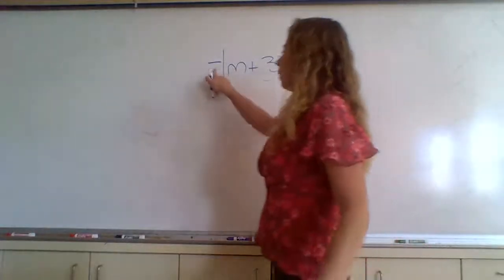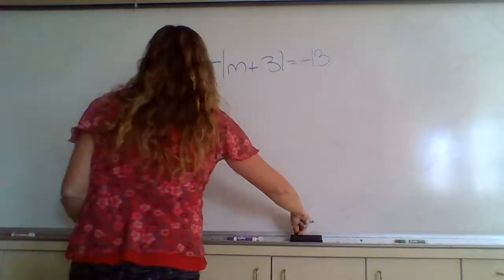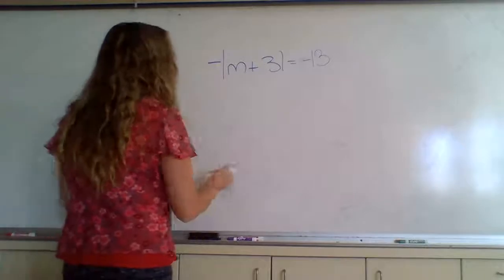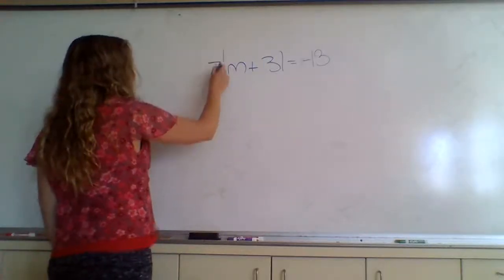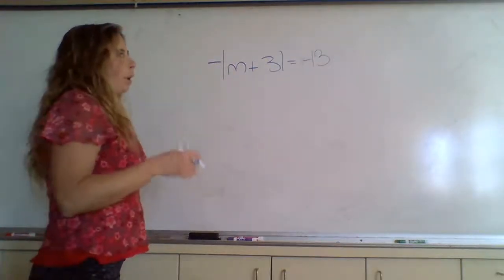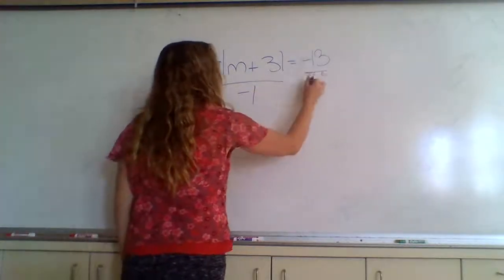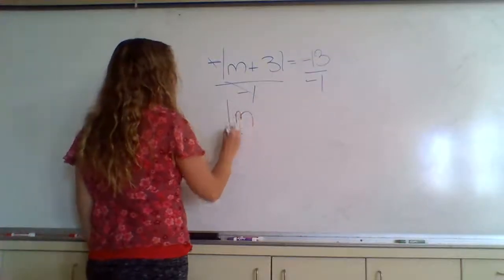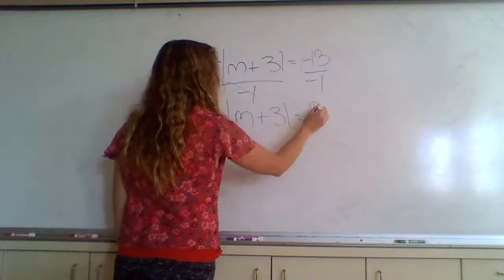Well, I have this negative on the outside, so how do I get rid of the negative on the outside? You divide by negative 1. Remember, there's actually an invisible 1 right there. So you can either divide by negative 1 or you can multiply by negative 1. You get the same result. We'll just divide. These cancel, so you're left with the absolute value of M plus 3 equals positive 13.